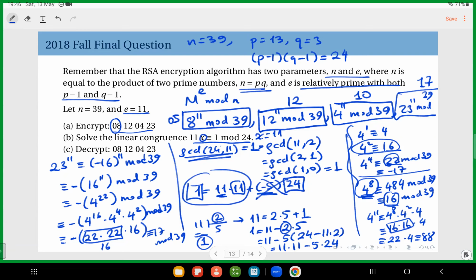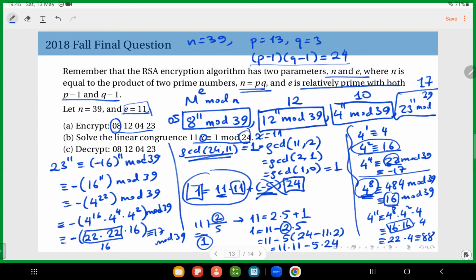Okay, so why is this a question here? Because this is an RSA question. So why am I computing the multiplicative inverse of 11? The reason is 11 is the exponent value, and the modulo value here, 24, is equal to this quantity here, p minus 1 times q minus 1.